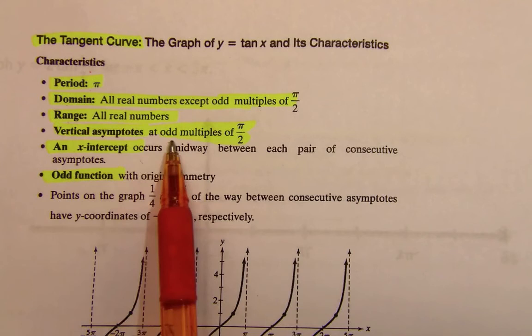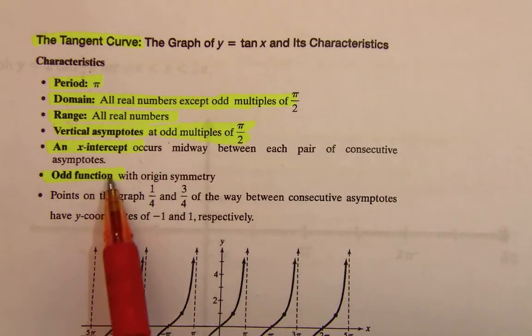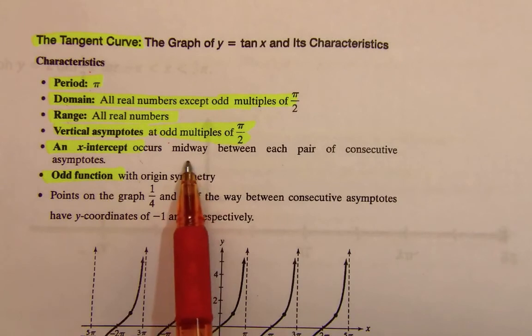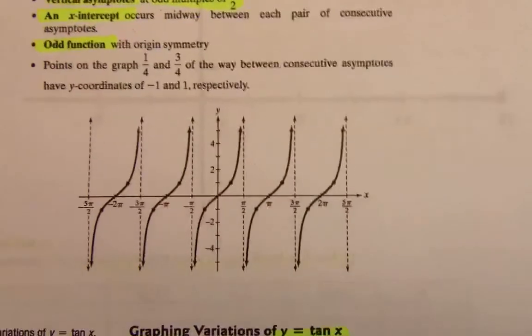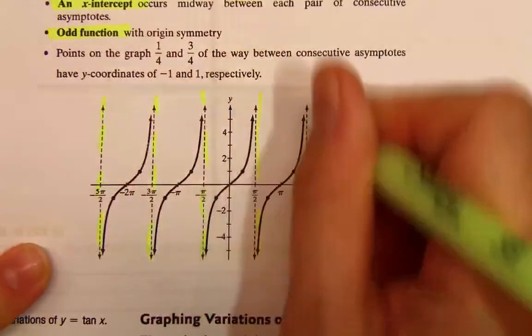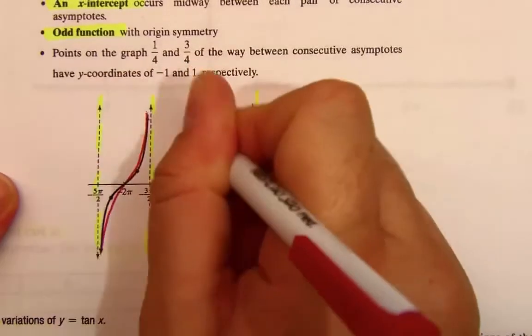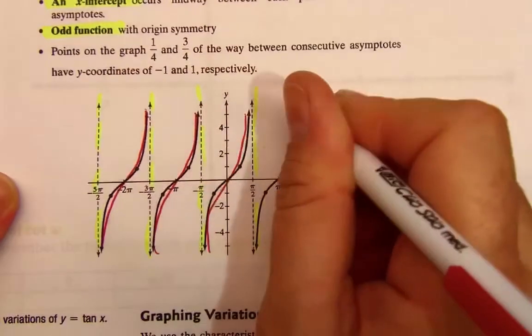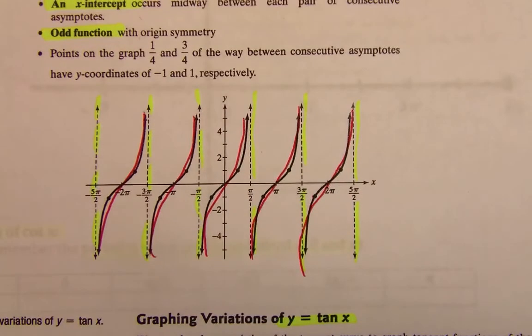We have vertical asymptotes at odd multiples of pi over 2, just like what we talked about with the domain. X-intercepts are halfway between the asymptotes, and this is an odd function. So this is the general graph of tangent. We have asymptotes here. And this is the shape of the tangent graph. It's 0 midway between, and then quarter points at 1 and negative 1.